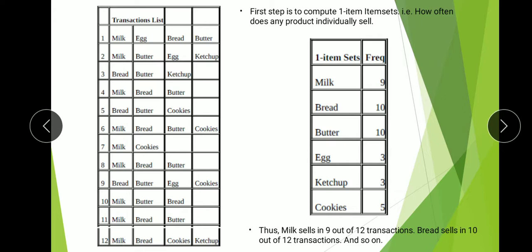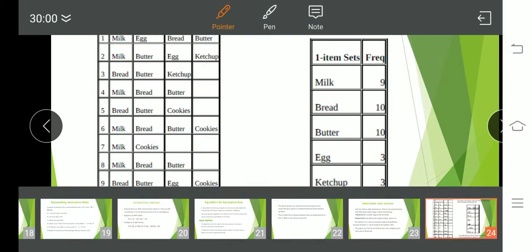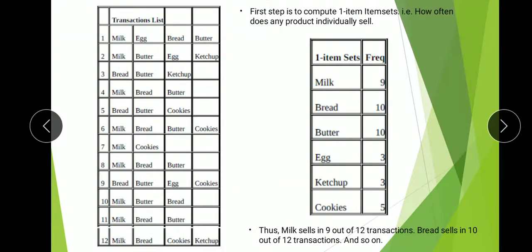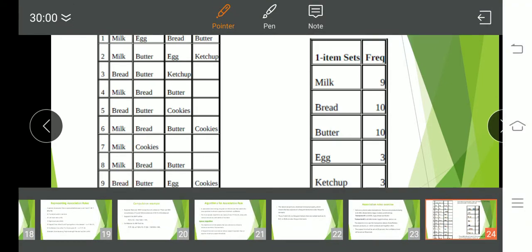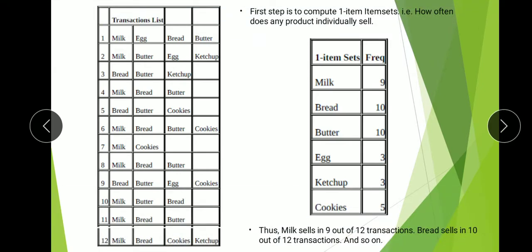The first product is milk. How many times is milk sold individually? Let us count: 1, 2, 3, 4, 5, 6, 7, 8 and 9. So out of 12, 9 times milk is sold.